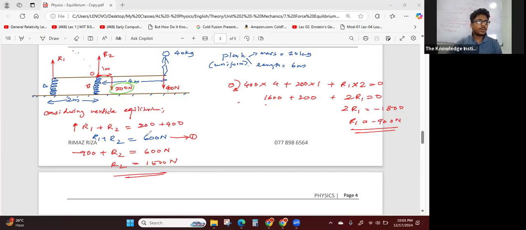Okay, so then I can draw this figure again. I'll just draw the plank and the spring.